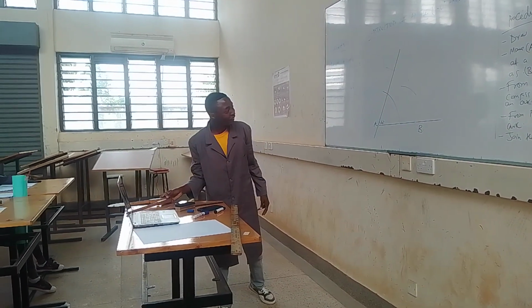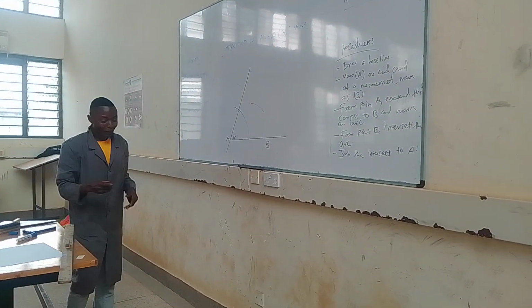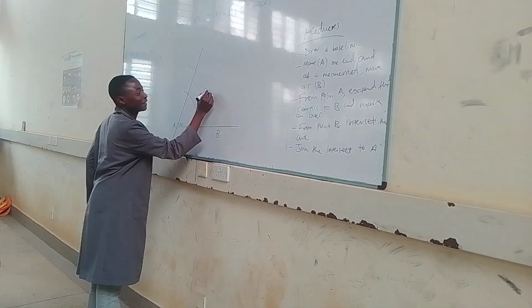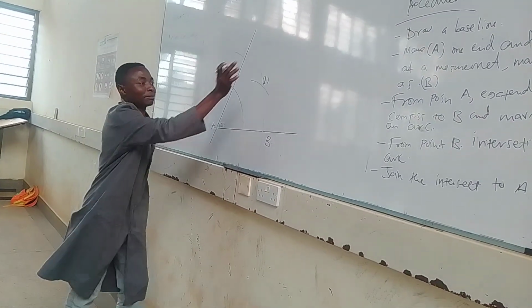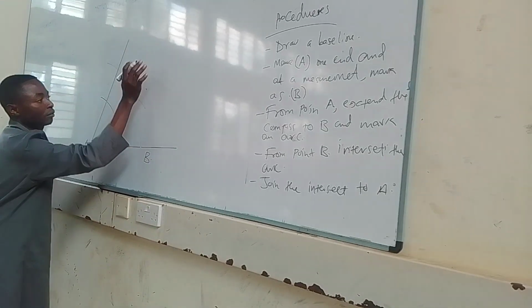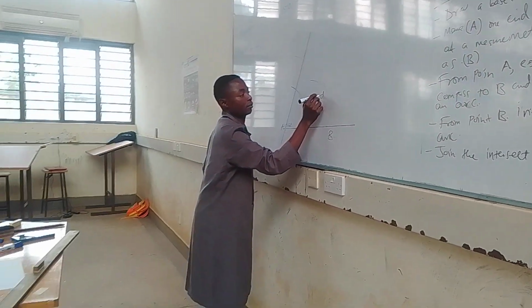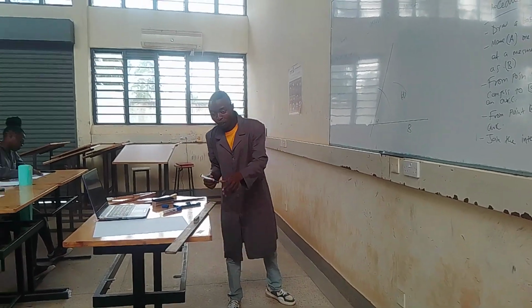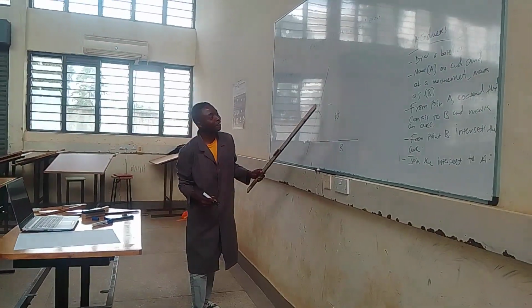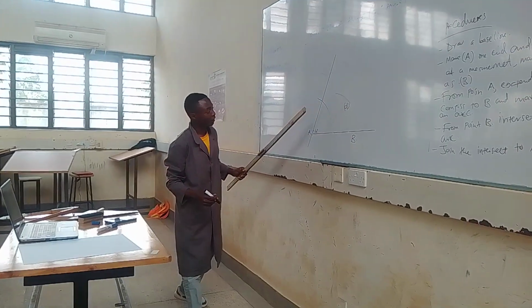After doing that, we can make it as point D using a small letter. We join point D to A.